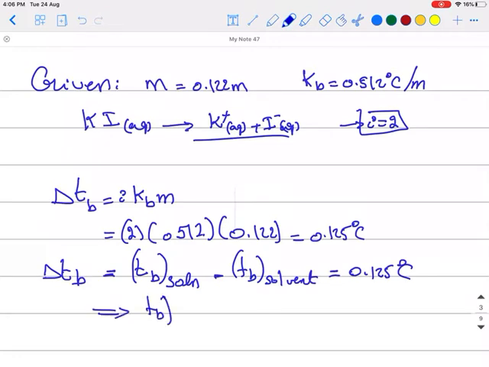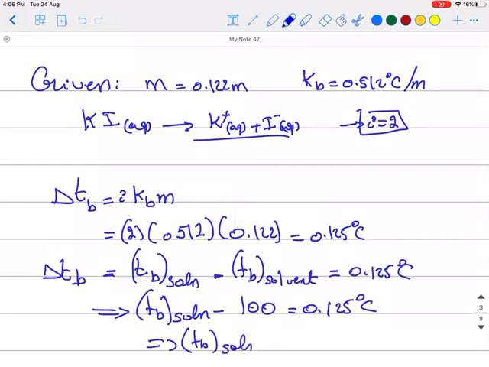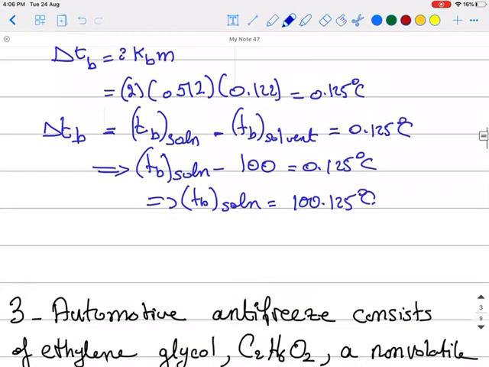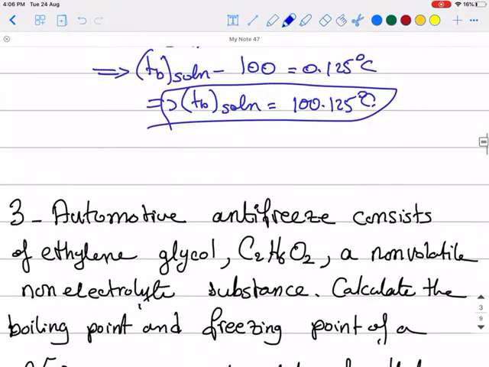T boiling of the solution is the one that we need to calculate. Pure water boils at 100. So the T boiling of the solution after finishing the calculation is 100.125 degrees Celsius. So this is the answer.